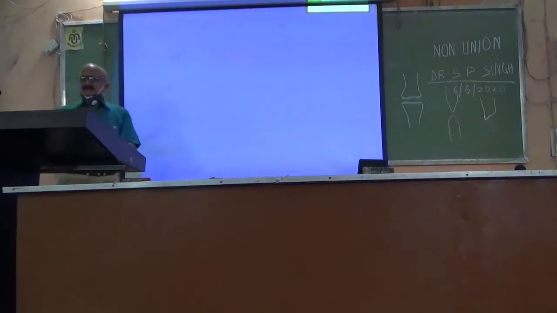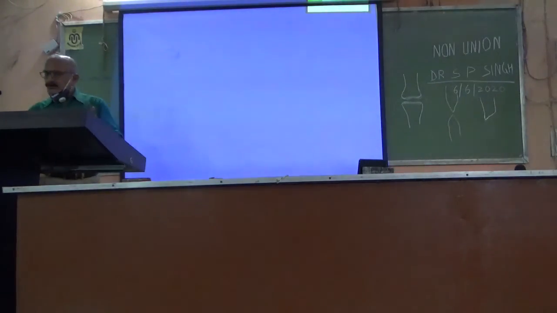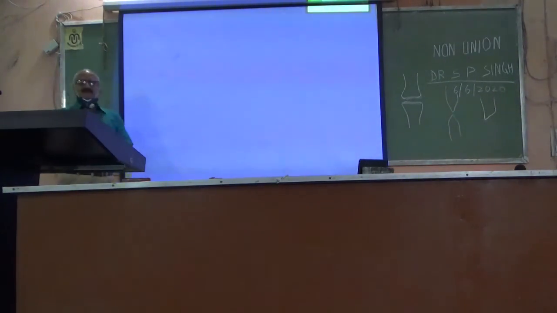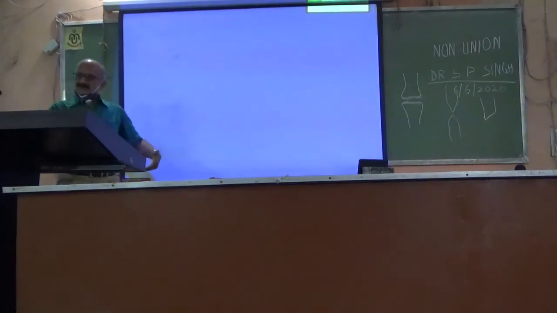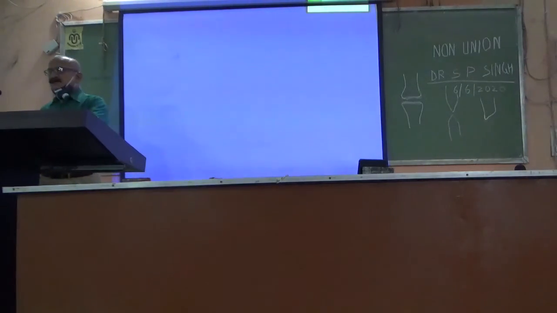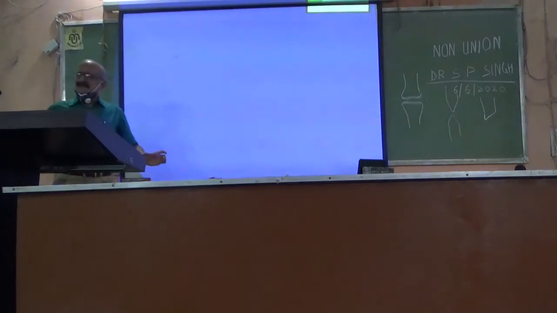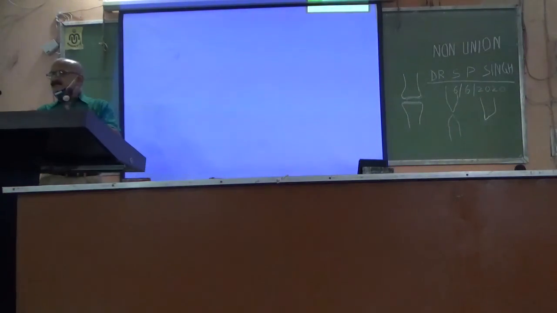But since we have known something more because of our study of non-union, we might as well choose which type of non-union requires what. Mechanical non-union, better mechanics, fix it well. Mother nature has tried its best to unite the bone, it will again do the best.